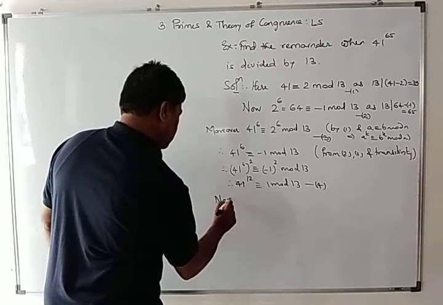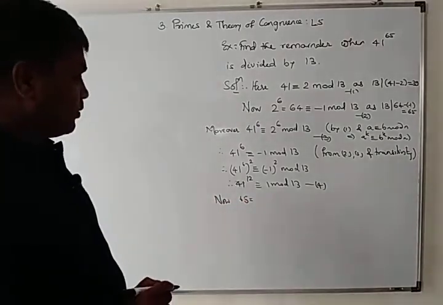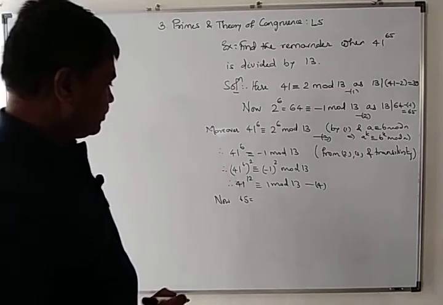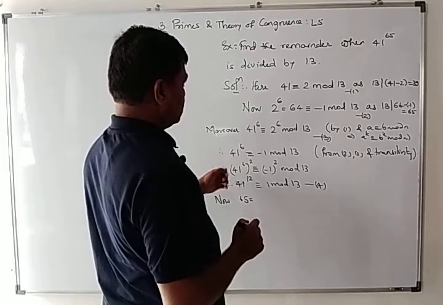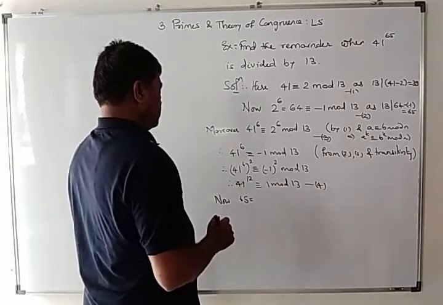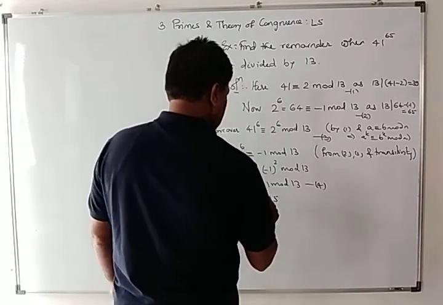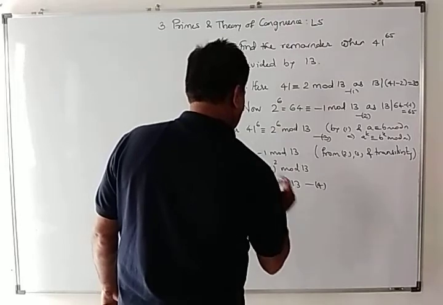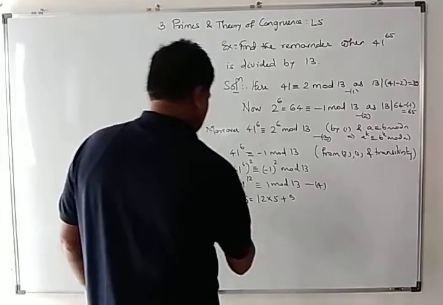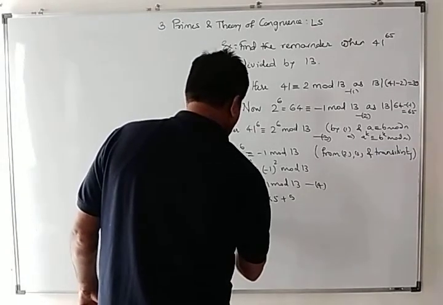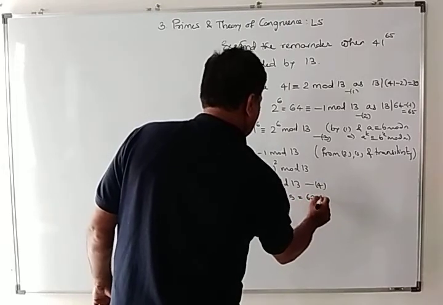Now, 65 is equal to 12 into 5 plus 5, which is 60 plus 5.